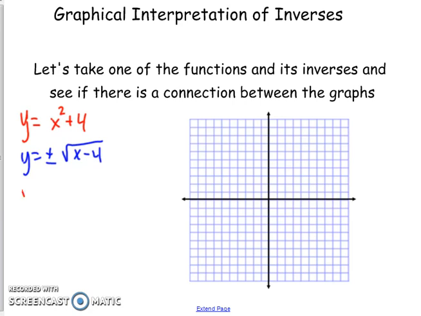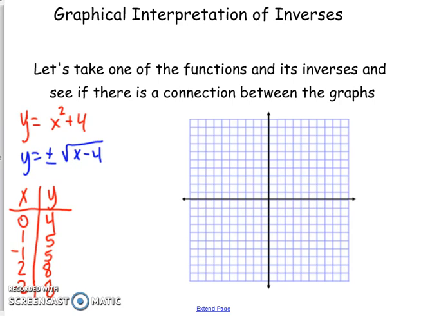So for the x squared plus 4 function, if I just pick values for x, if I plug in 0 for x, I'm going to get 4 for y. If I plug a 1 in for x, I'm going to get 5. If I plug a negative 1 for x, I'm also going to get 5. If I plug in 2, I'm going to get 8, and negative 2, I'm going to get 8.